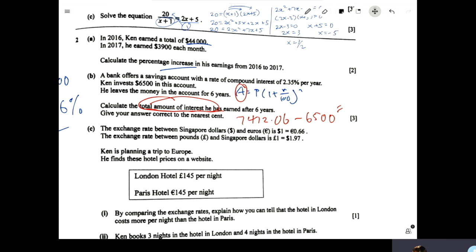You mean part A? No, it's a different question. Anyway, you should minus the original principal. So you should get 972.06. Yeah, that's the amount of interest earned after 6 years.